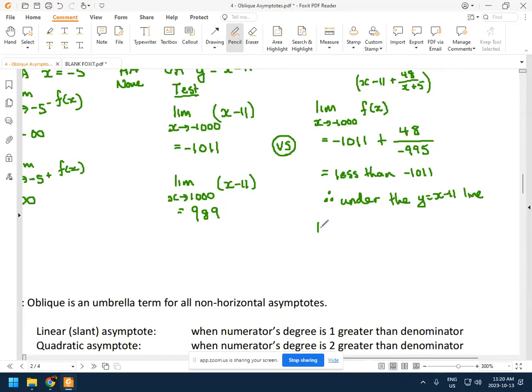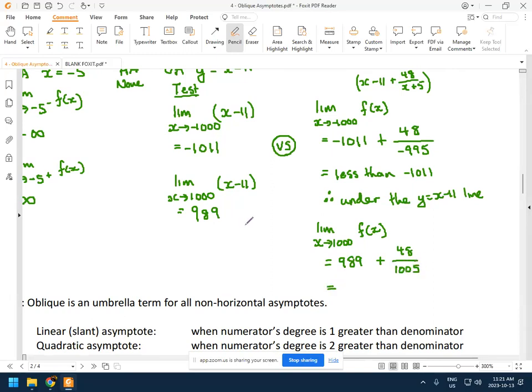I'll do it one more time. So that was the left side. For the right side, I have positive 1000 for the function, which is x minus 11 plus 48 over x plus 5. If I have 1000 minus 11, I will have 989 plus 48 over 1005.